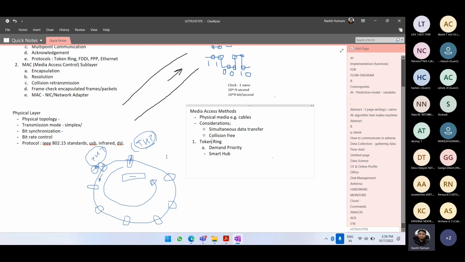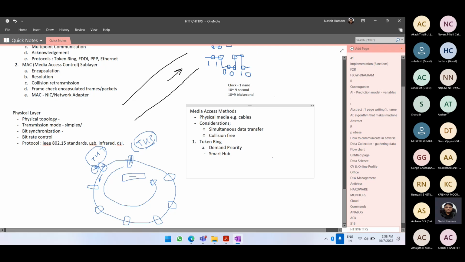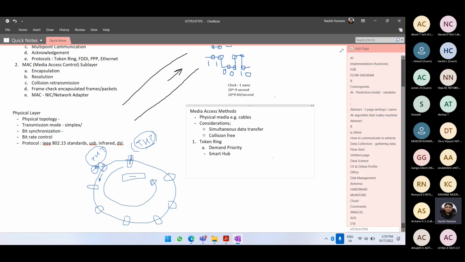So once this token, or this 3 byte long data packet, is running on my network, no device transmits its own data. It goes to each and every device, each and every node, each and every terminal. Now, we need to have something called the maximum or total handling time.